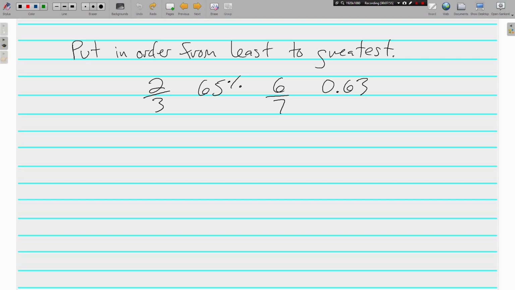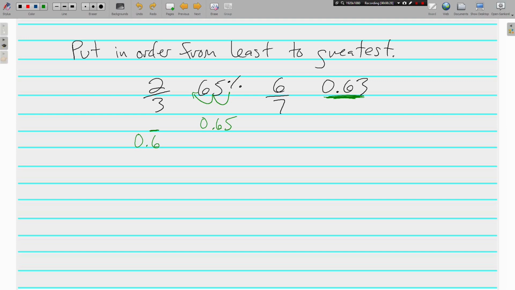I'm actually going to turn everything into a decimal. So this one on the end is already done because it's already a decimal. 65%, if I wanted to make it a decimal, I would just move the decimal 2 times to the left and I would get 0.65. 2/3 as a decimal, I would just put 2 divided by 3 in my calculator and I get 0.6 repeating, 6's that go on forever.